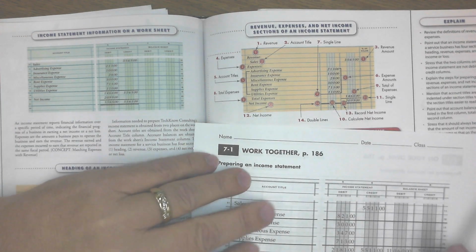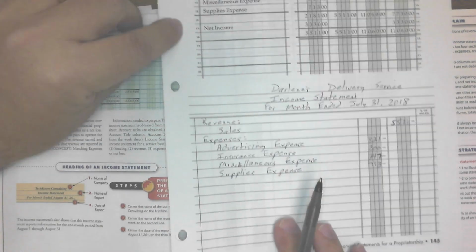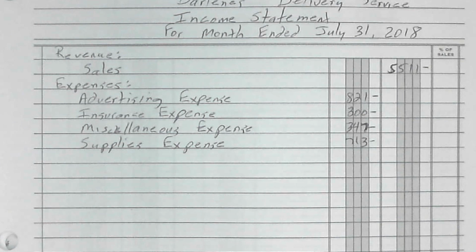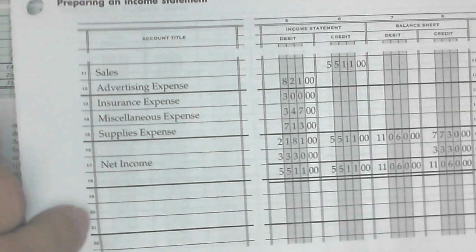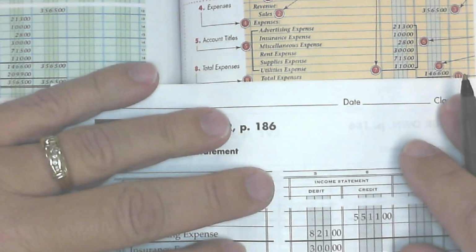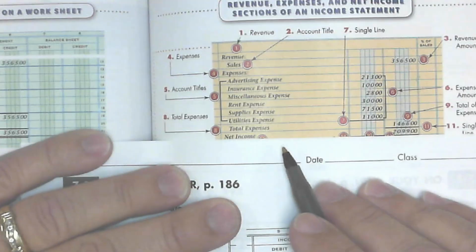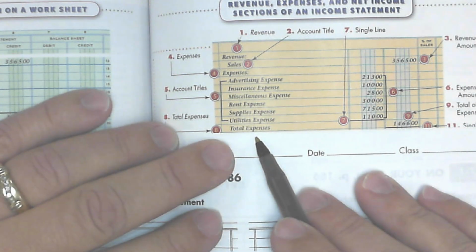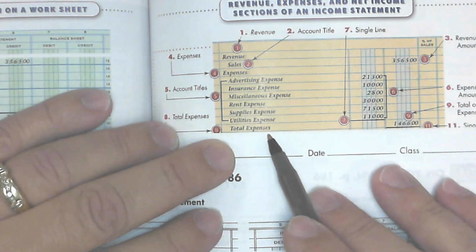So the next step, try to zoom this in. Now, looking at the example in the book, we're going to have our next line under our supplies expense. We're going to write a line for total expenses.